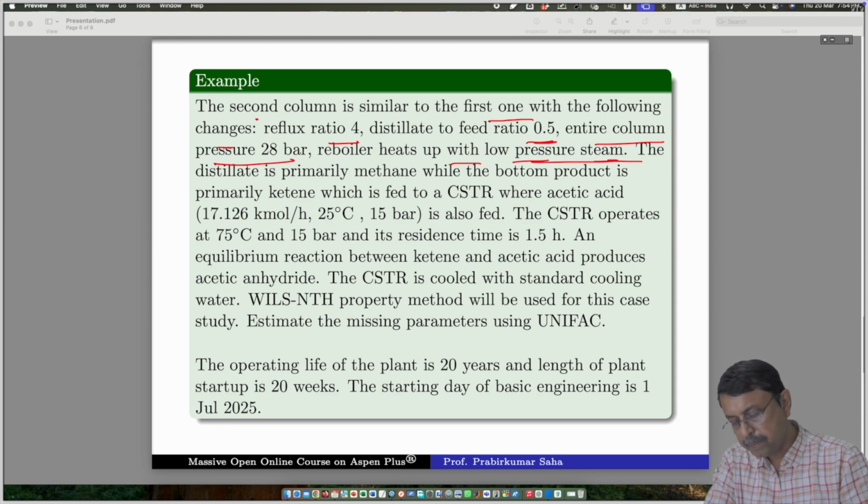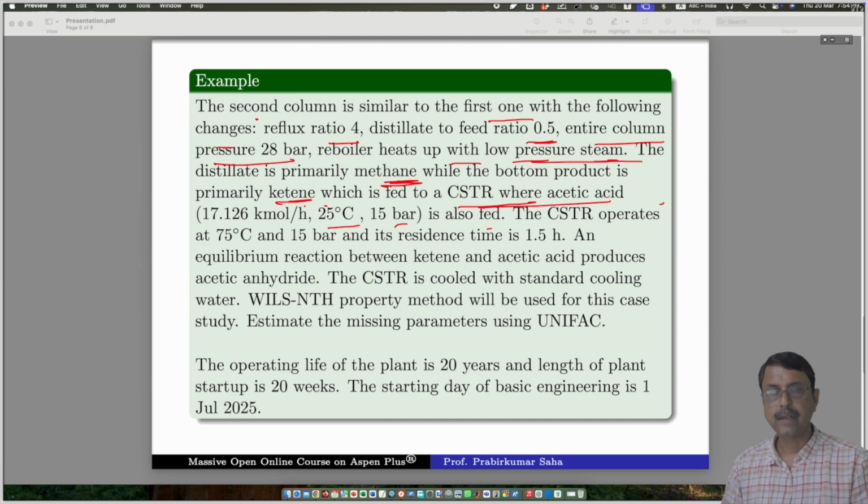The distillate is primarily methane, so it's a useful product for selling, while the bottom product is primarily ketene. Ketene is one of the reactants for producing acetic anhydride. So this ketene is fed to the CSTR, where acetic acid, whose flow rate, temperature and pressure have been given, is also fed.